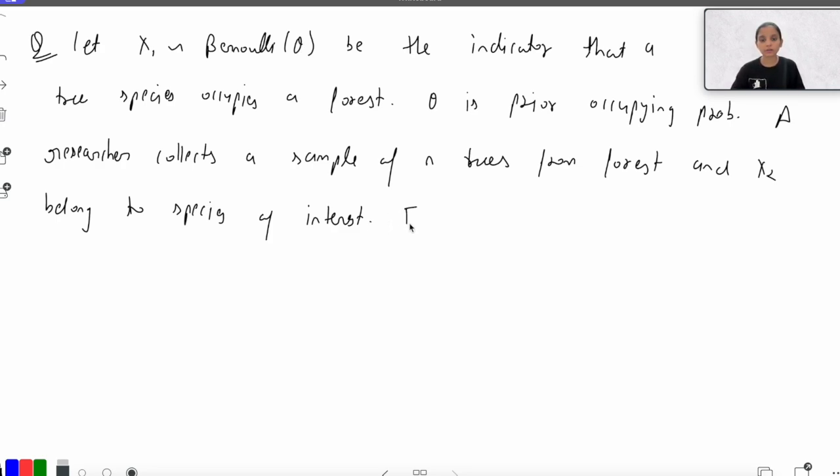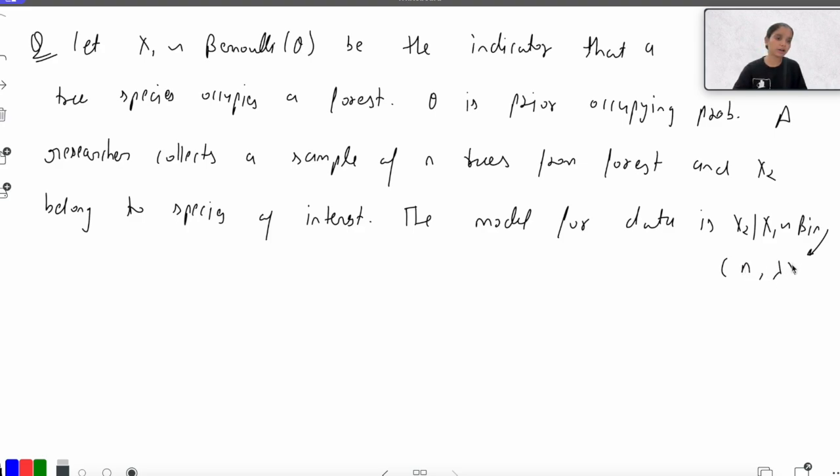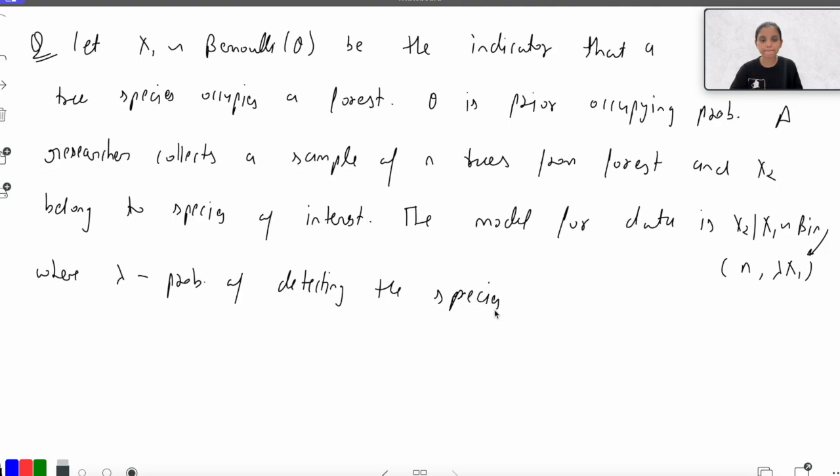Okay, the model for the data is x2 given x1 follows binomial. Let me write the parameters here, n comma lambda x1, where lambda is the probability of detecting the species given it is present.